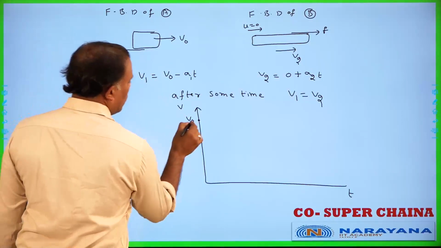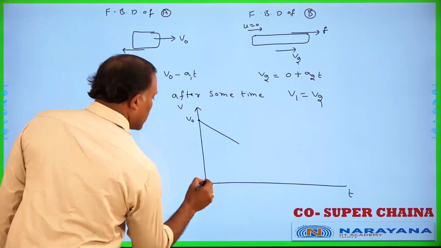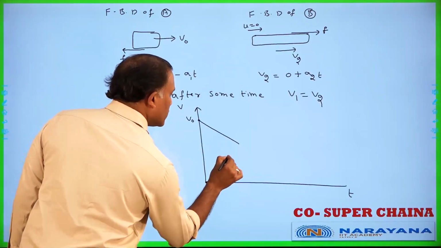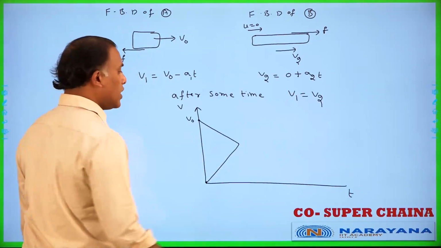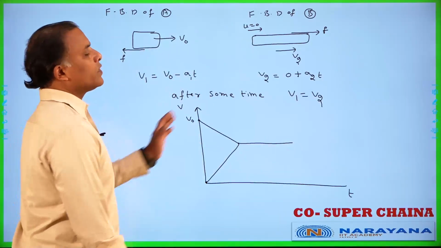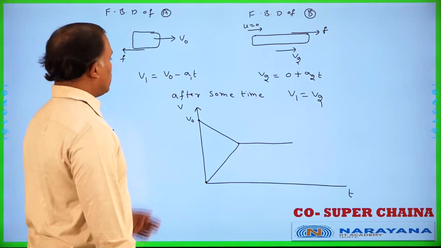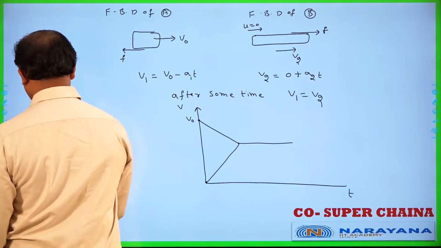Its velocity slowly decreases. And B has 0 velocity initially. Its velocity slowly increases. After some time, both the blocks have the same velocity. With that same velocity, both blocks continue their motion. So this is the graph between velocity and time for both the blocks. So that is the answer for you.